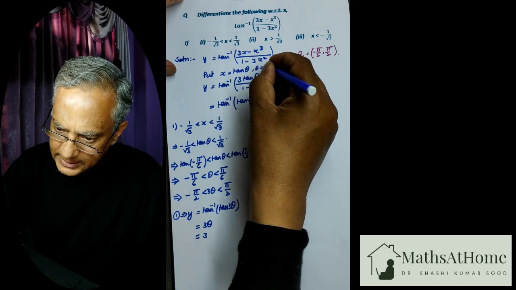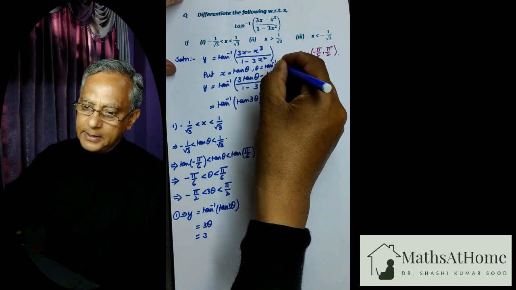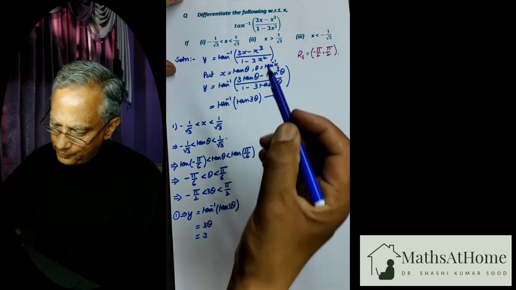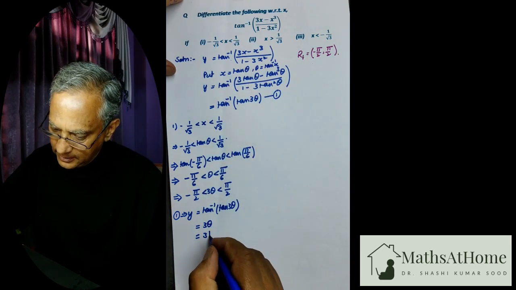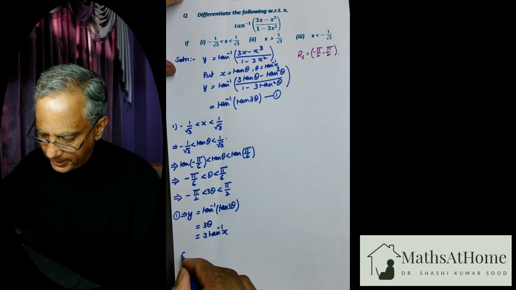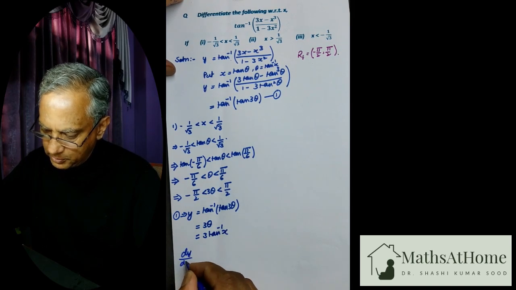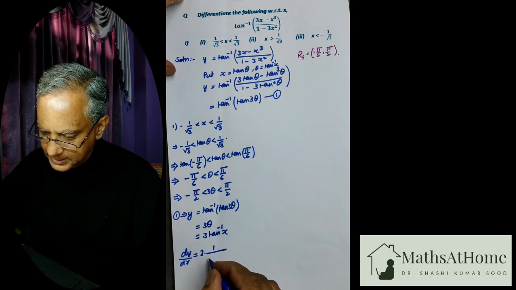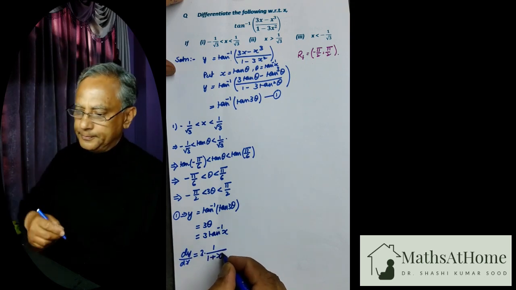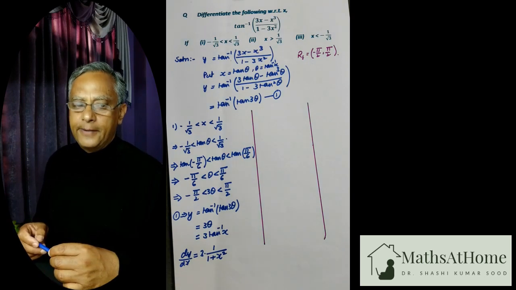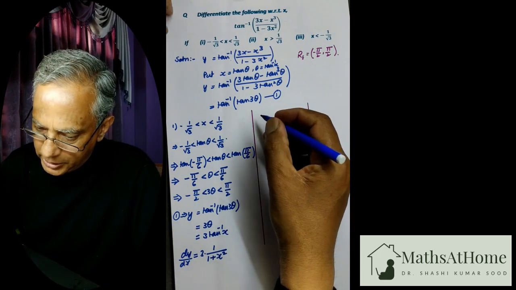X is tangent theta, therefore theta must be tan inverse x. So this must be 3 tan inverse x. And therefore dy by dx must be equal to 3 into the differential of tan inverse, which is 1 over 1 plus x square. So this is the answer. This is the differentiation.